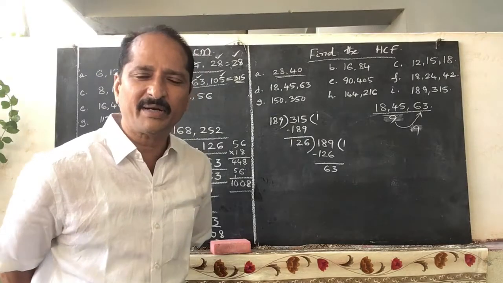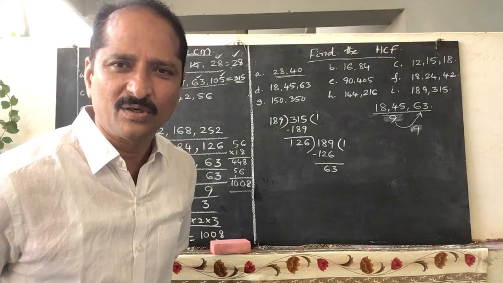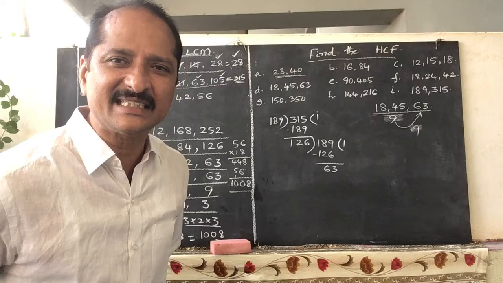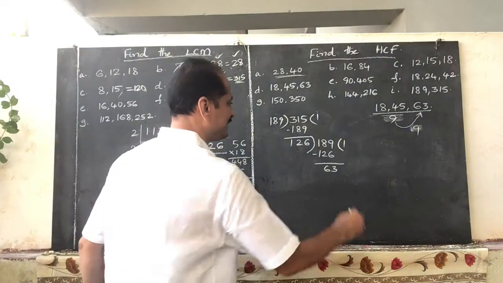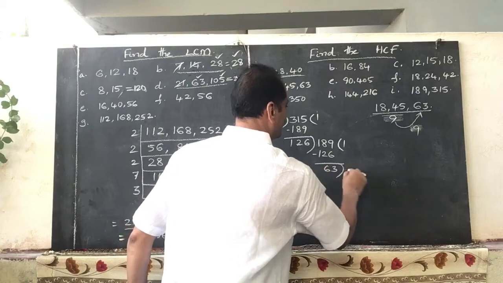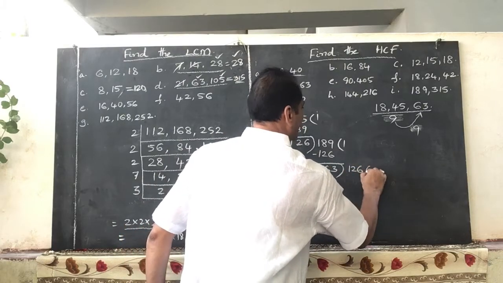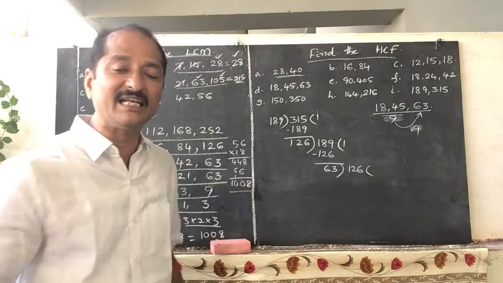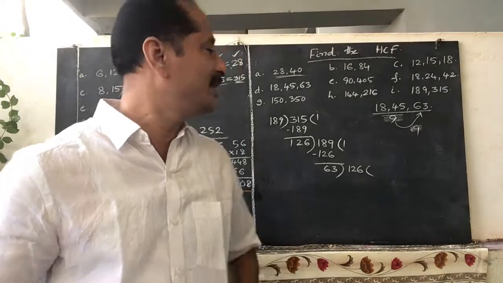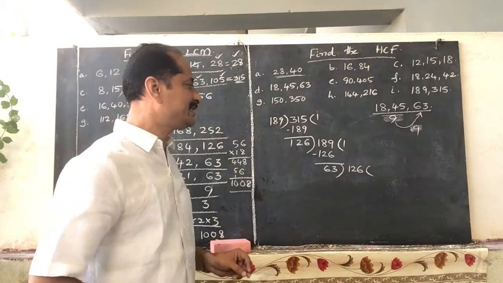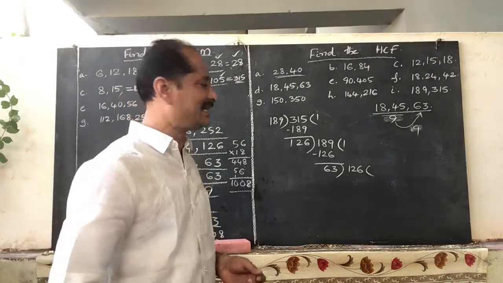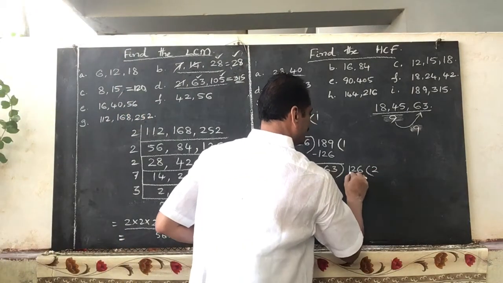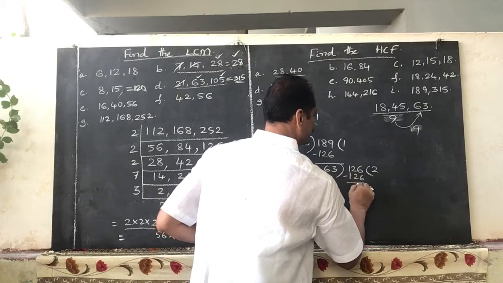Here we did not get remainder 0. So what to do? Make 63 the divisor and the previous divisor the dividend, and continue this division process till getting remainder 0. 63 2s are 126 exactly. Here the remainder is equal to 0.